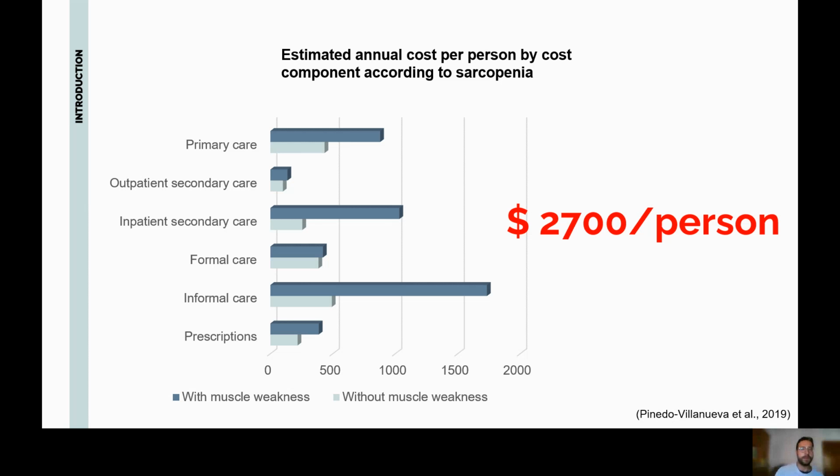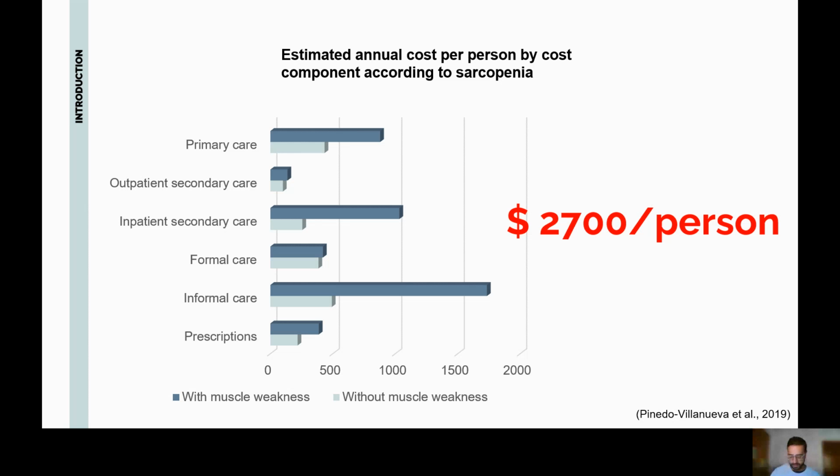Sarcopenia has progressively received increased attention due to its association with increased risk of disability and mobility limitations and their associated healthcare costs. As you can see in the slide, there is an increased cost of $2,700 per person every year due to sarcopenia or muscle weakness.